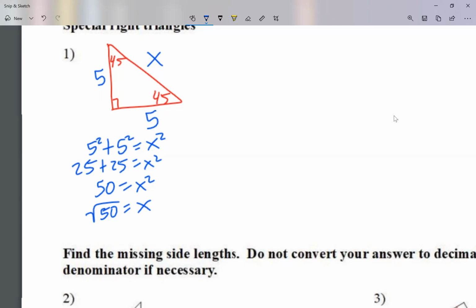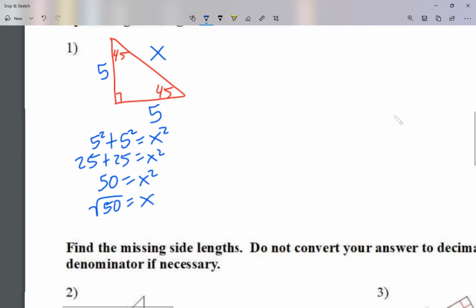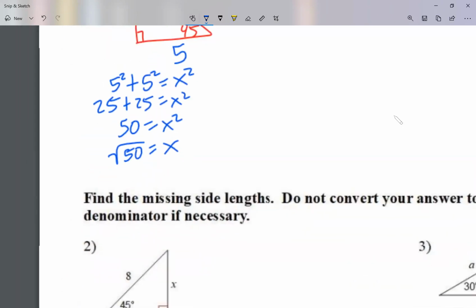Now you guys learned how to simplify radicals. Now this one, I'm going to split it into two radicals, right? The square root of 50, I'm going to split it into two radicals, but one of them has to be a perfect square. You guys remember like 1 times 1, 2 times 2, 3 times 3, or 4 times 4, on and on. That's what gives me a perfect square.